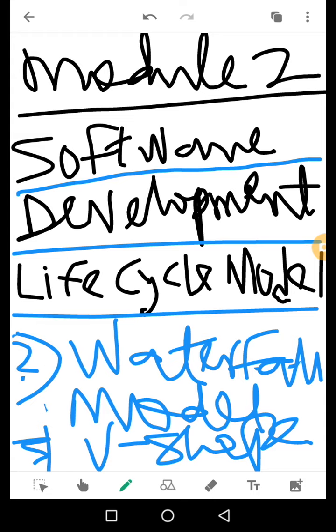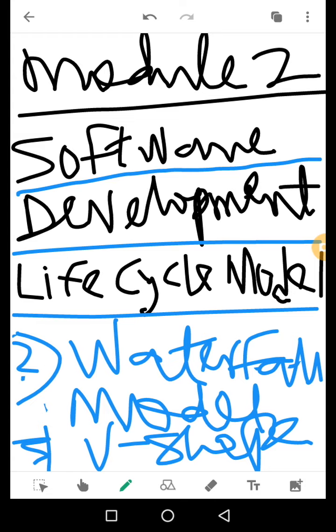Then number 4, the model doesn't provide a clear path for problems discovered during testing phases. That is, for some problems that were discovered during the testing phases, the model will not provide a clear path for them. Are you getting it now?